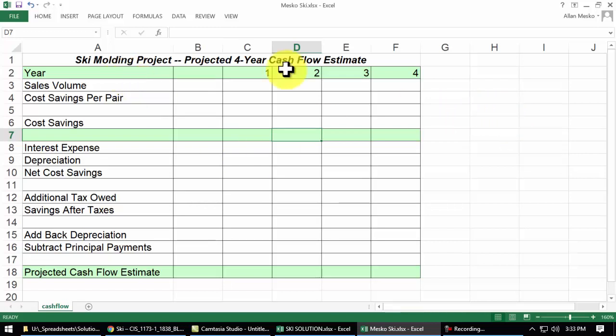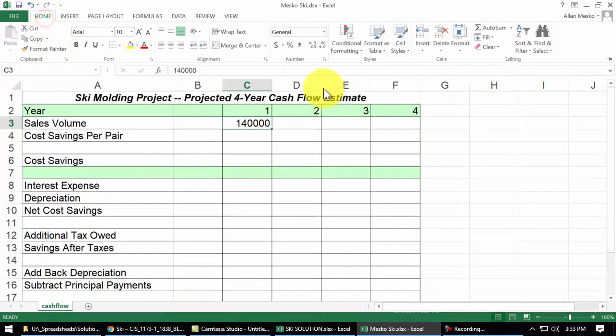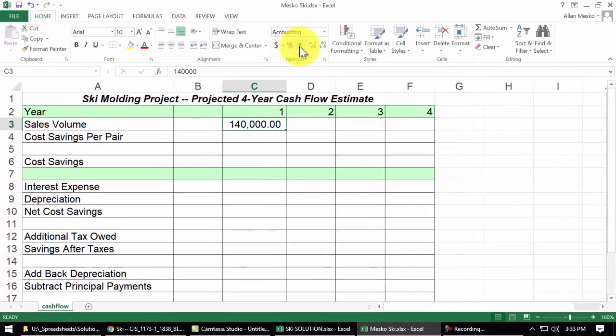So we're assuming year 1, the sales volume will be 140,000 pairs. It would probably be nice to put a comma in that, wouldn't it? And we don't want 2 decimal places because that's not dollars and cents.